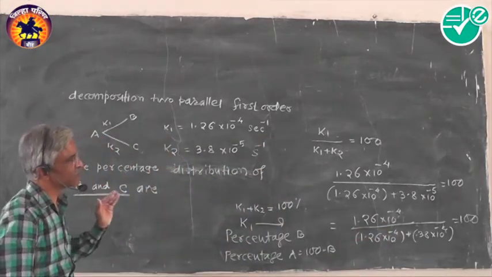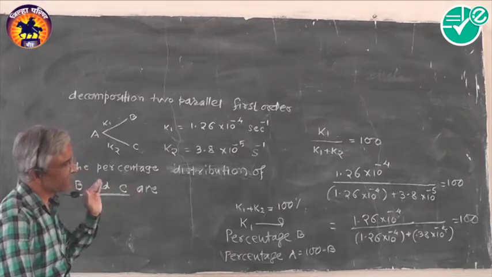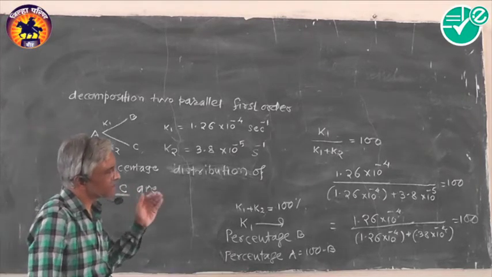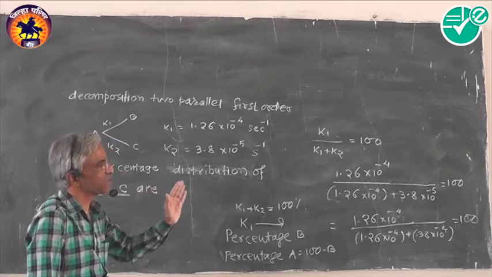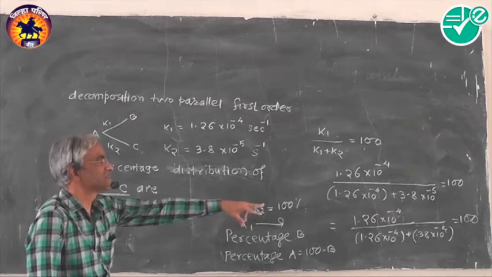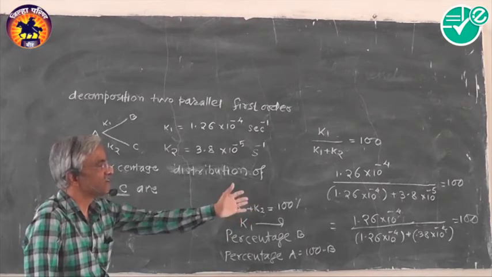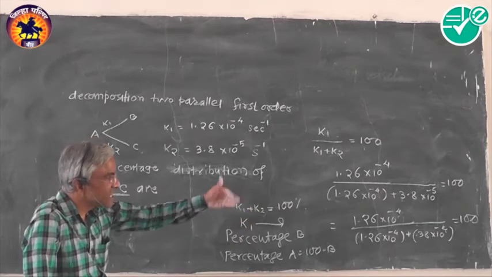Generally such types of examples are asked in JEE, where we are expected to be that competitive, and particularly for simply converting this 10 raised to minus 5 to minus 4, converting the values without changing the value.